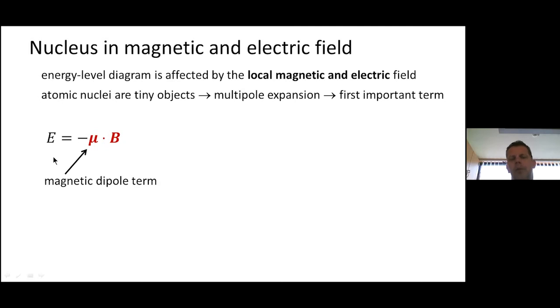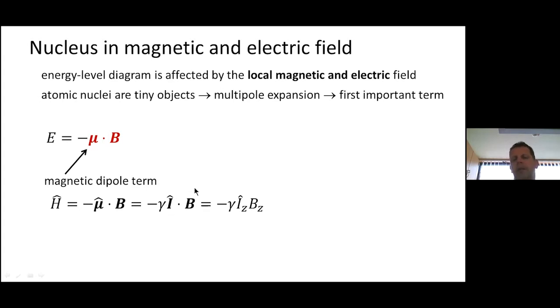And of course, in fact, NMR should be treated by quantum mechanics. Such a classical expression is transformed into the corresponding quantum mechanical expression in this way: the energy is transformed to the Hamiltonian operator, the magnetic moment is transformed to the operator of magnetic moment, and then we can relate this magnetic moment operator to the product of the gyromagnetic ratio, which is a property of a given nucleus, and its spin operator.